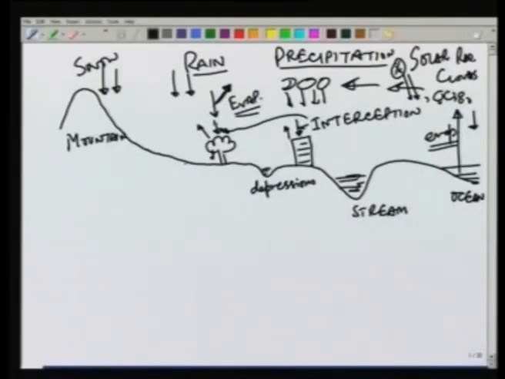Some part of the interception will of course fall down to the ground after some time. The part which reaches the ground can go in the ground, known as infiltration.